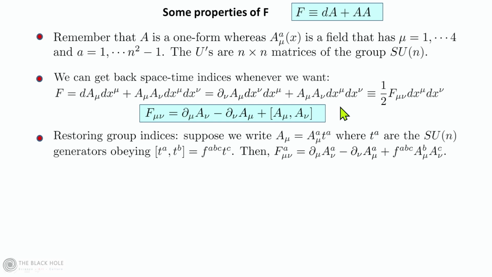Right. Now suppose you want group indices. So I've restored the space-time indices over here. Now suppose I want to restore the group indices. So if you write A mu as A mu^a T^a, a is summed over all the group generators from 1 up till N squared minus 1. And these group generators obey this commutation relation: [T^a, T^b] is i f^{abc} T^c.